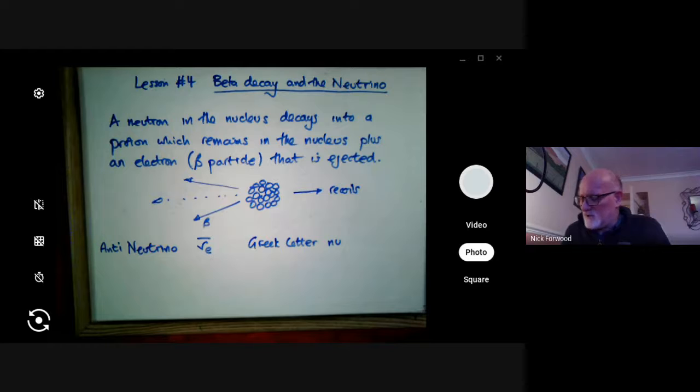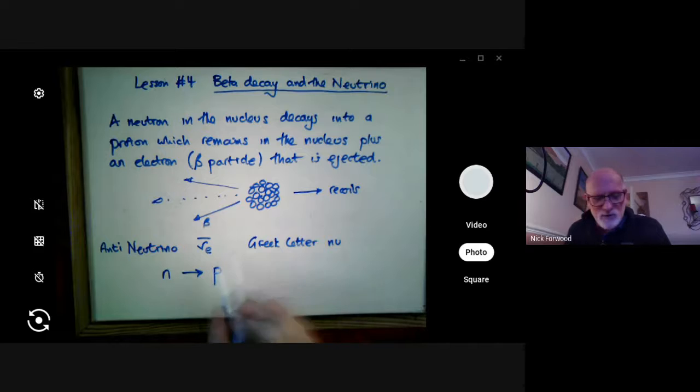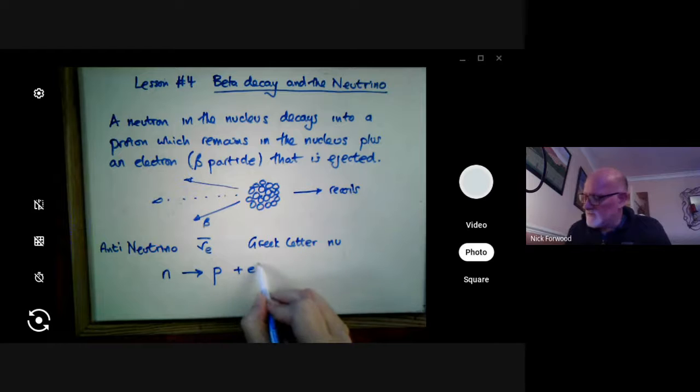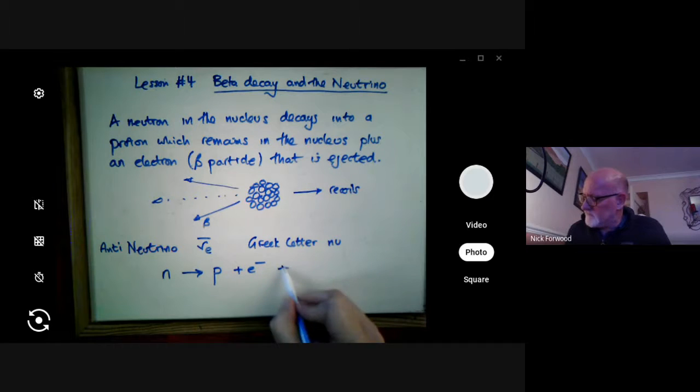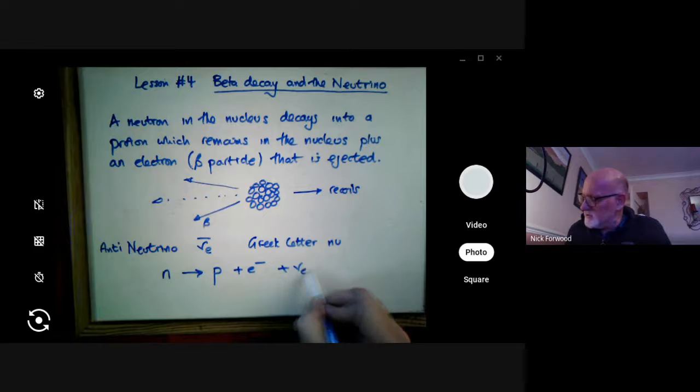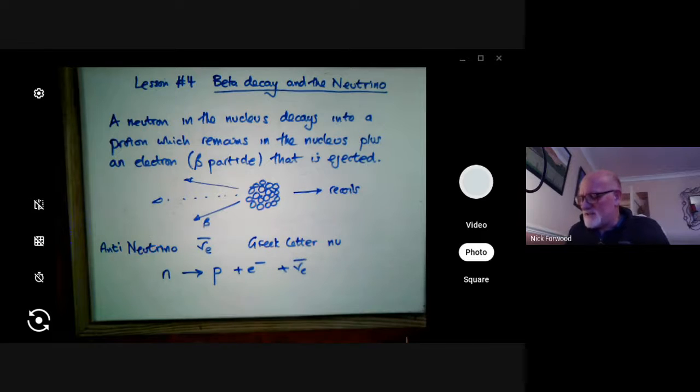So what we've got here now is a sort of formula, if you like. The neutron in the nucleus decays into a proton, which stays in the nucleus, with an electron that's emitted and an anti-electron neutrino. So there you go. There's a sort of formula for what's going on.